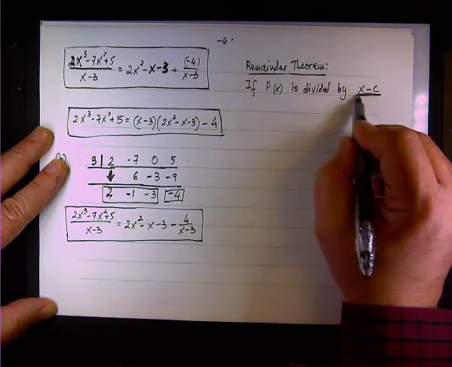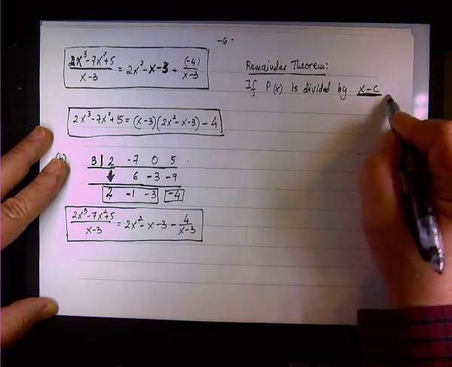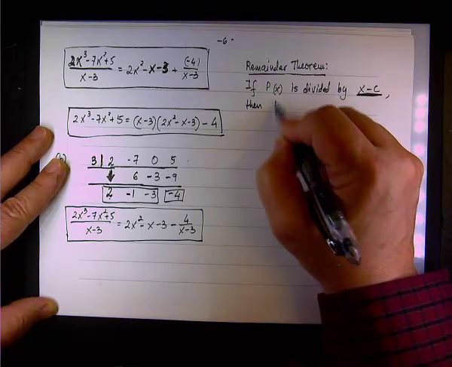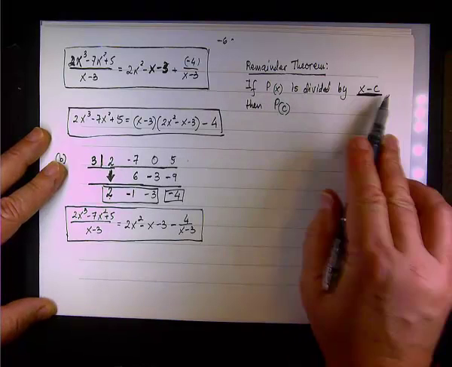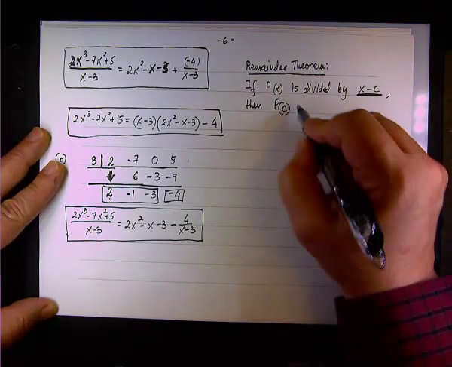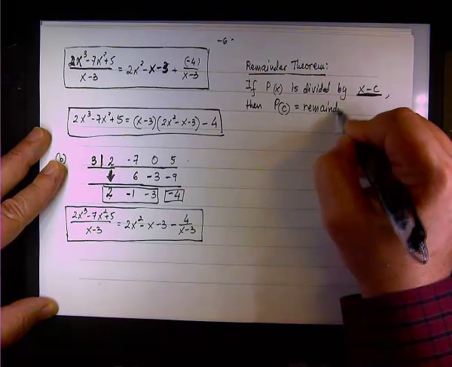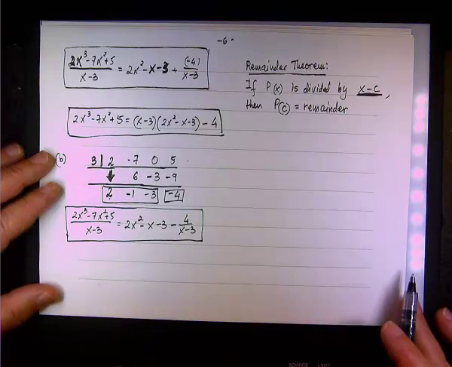It says the following: if P of x is divided by x minus c, this is the general form of a divisor that is a first order divisor, just a linear divisor, then P of c, if we evaluate the polynomial for c, is equal to the remainder.